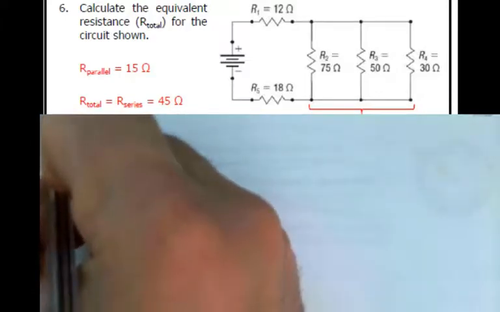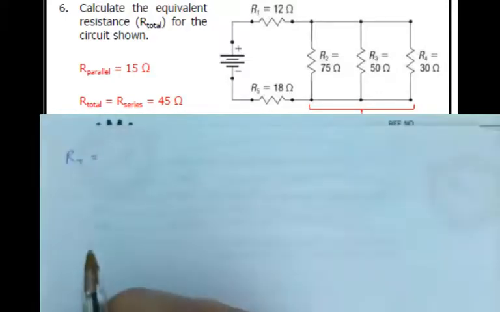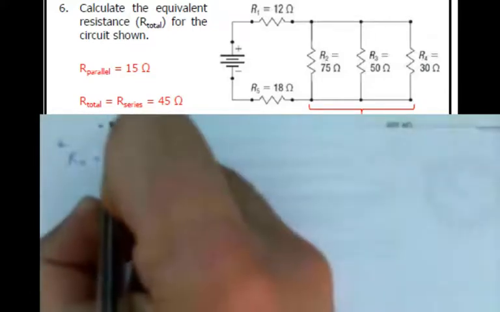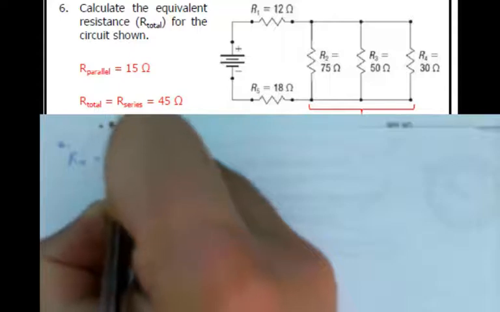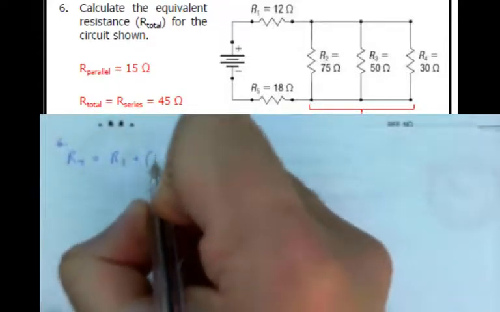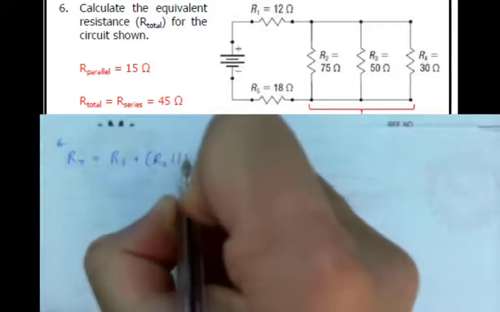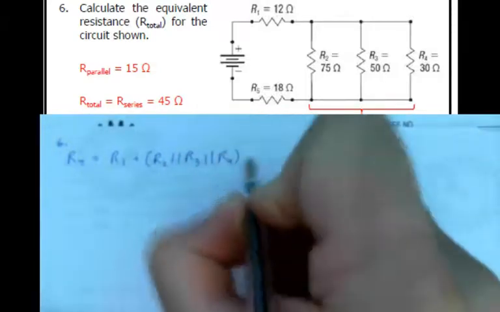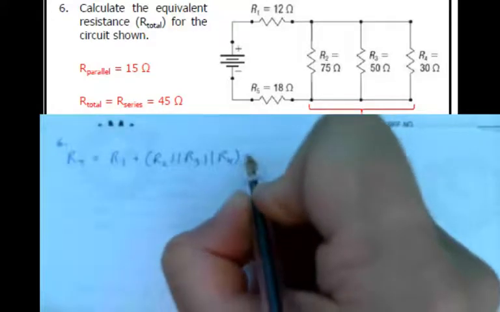Okay, so our R total in this case, for number 6, is going to be R1 plus bracket R2 parallel added to R3 parallel added to R4 bracket plus R5.